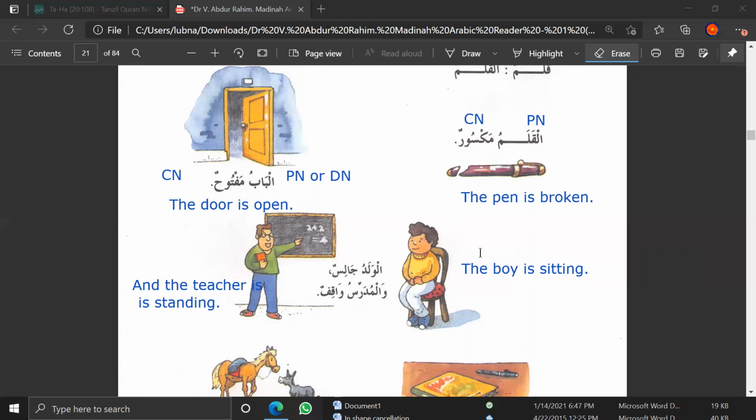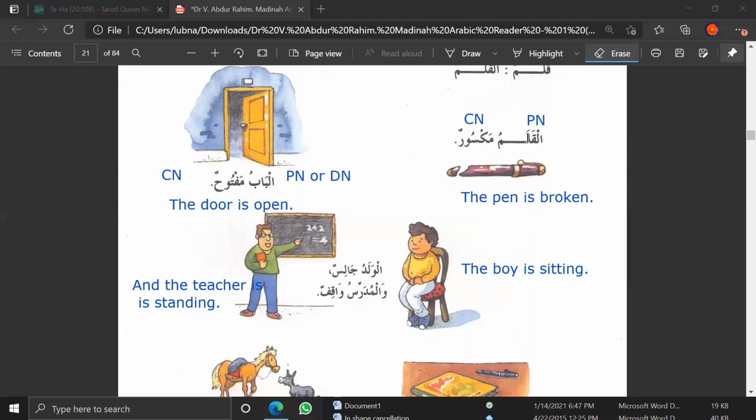Excellent. So on this part of the page, what did we learn? We learned al on the previous part. On this part, what did we learn? In a simple sentence, there is a common noun and a proper noun. A sentence which starts with a noun, an ism, is called jumla ismiya, or nominal sentence.